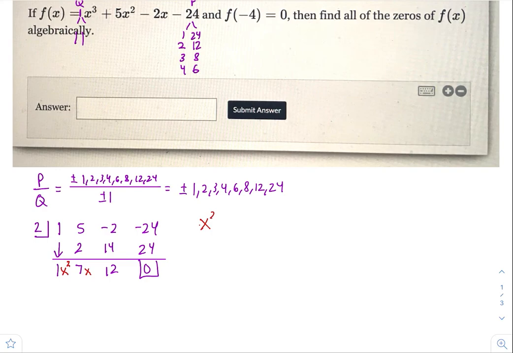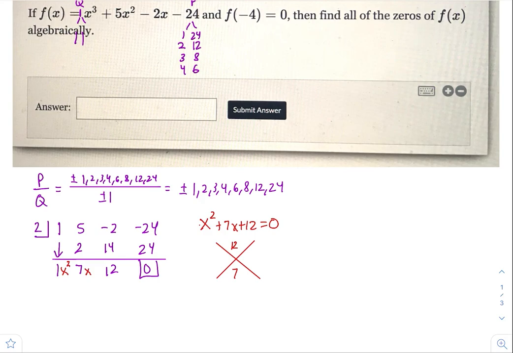X to the second plus 7x plus 12 is equal to 0. Again, you know when to factor because when you have x to the second, you can factor this or use the quadratic formula. And of course, if factoring doesn't work, then you have to use the quadratic formula. So up top, a times c, which is 1 times 12, is 12. B on the bottom, which is 7.